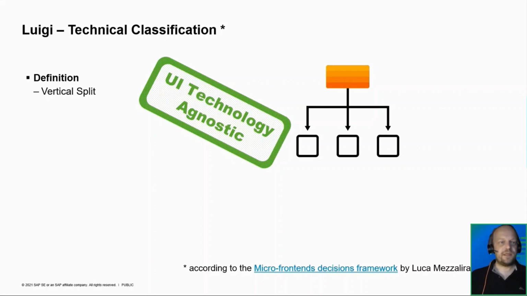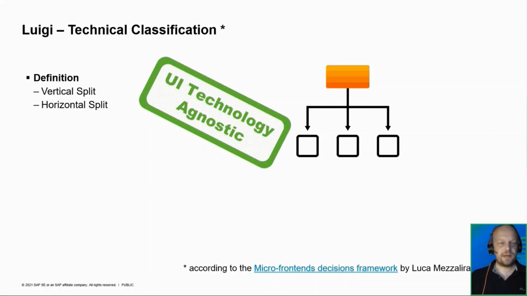Vertical split here means that the UI parts are more page-based, so that a Micro Frontend is a kind of whole view that fulfills a certain purpose, or maps to a feature.